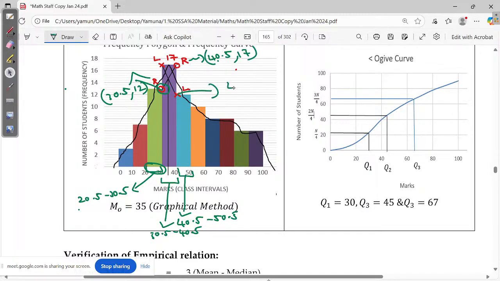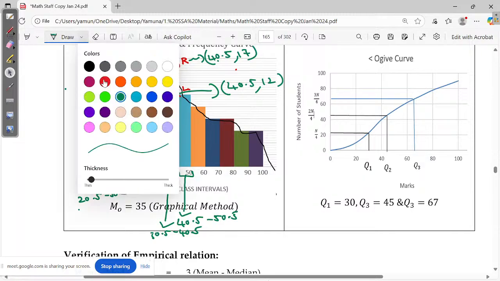Here 40.5 and the value 13 or 12. Here is 13. Okay. And here 30.5 and 17.